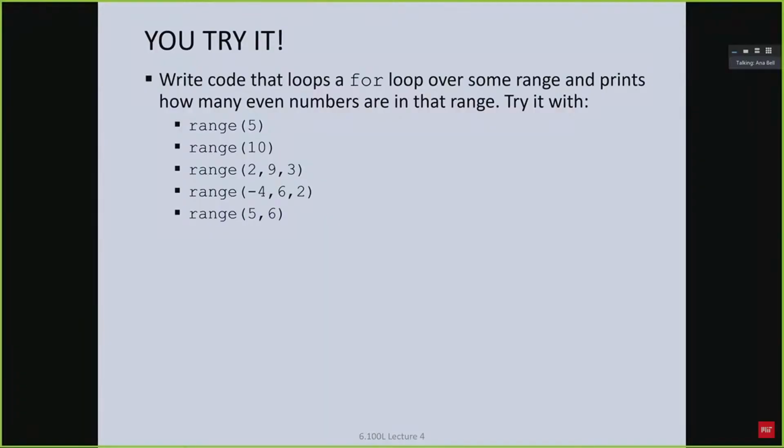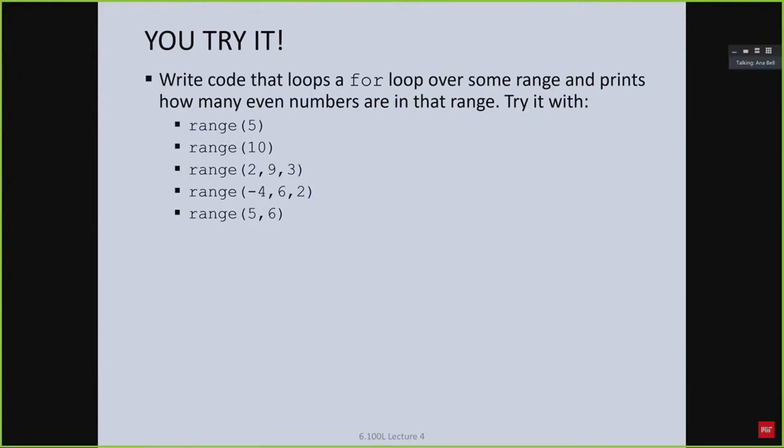Okay, so let's have you write a little bit of code, and this is maybe a little practice with just loops in general that we saw last lecture. There's no break in this particular program, just a little bit of practice. So what I want you to do is write code that has a for loop running through this range, so for I in, pick one of these.